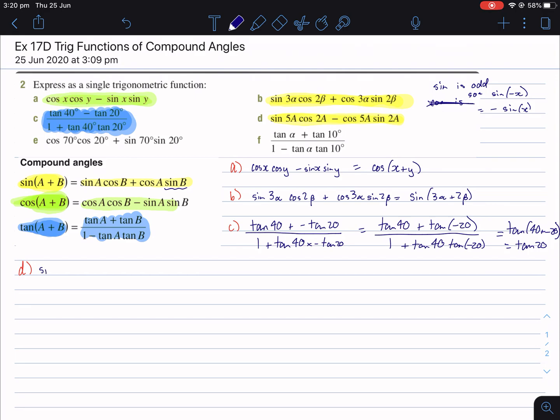So if we've got sine 5a cos 2a, I reckon that's the same as plus cos 5a sine negative 2a.